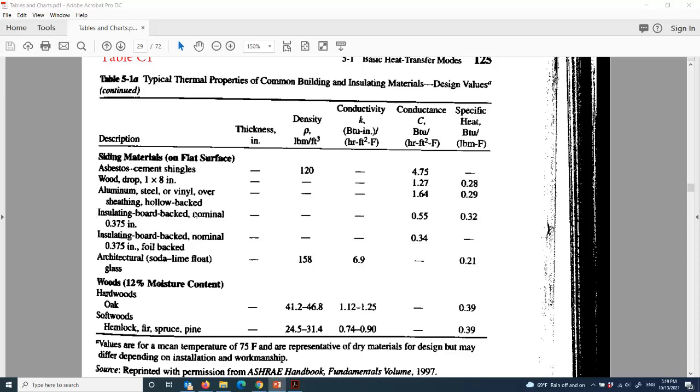So insulating board, the only one that's available is 0.3. This has foil bagged, so we're only going to use this, 0.375. It has a U value of 0.55, but that's only for this thickness.